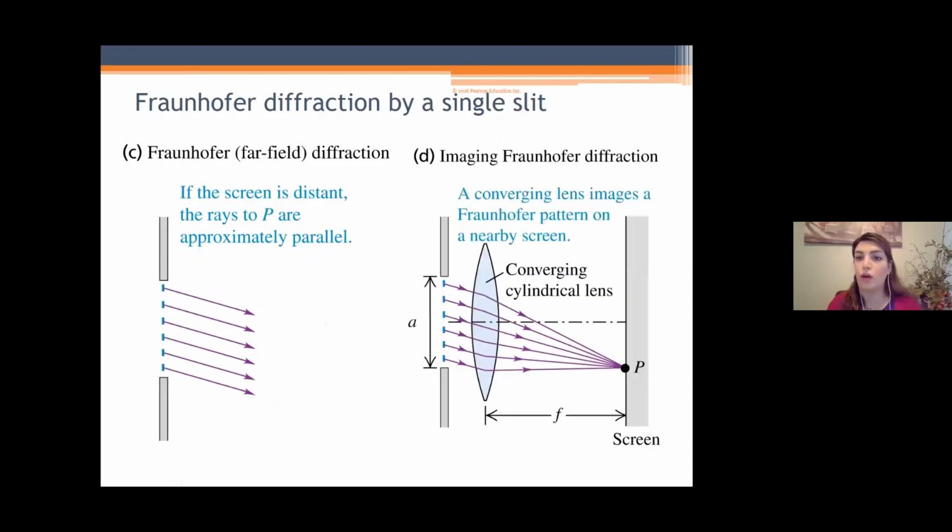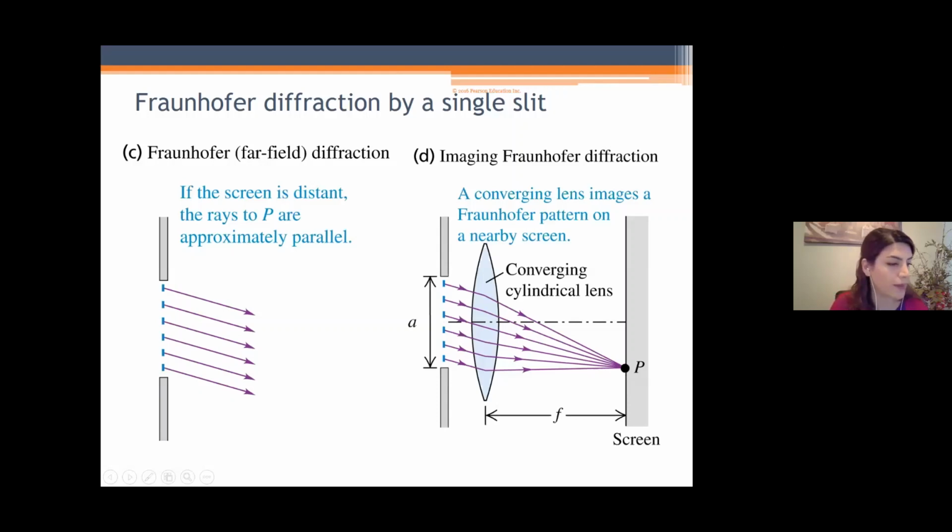For having the image of the diffraction pattern in this type of diffraction, you need something to be able to converge the wave rays that are initially parallel, right? So we can use a converging lens, for example, to converge these beams and then get the pattern on the screen.